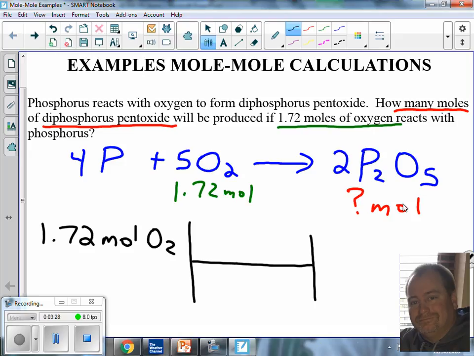Coefficients of the balanced equation. Now let me ask myself this. What do I want to cancel? Moles of oxygen, so where am I going to put that? On the bottom. How many? 5 mole of oxygen.